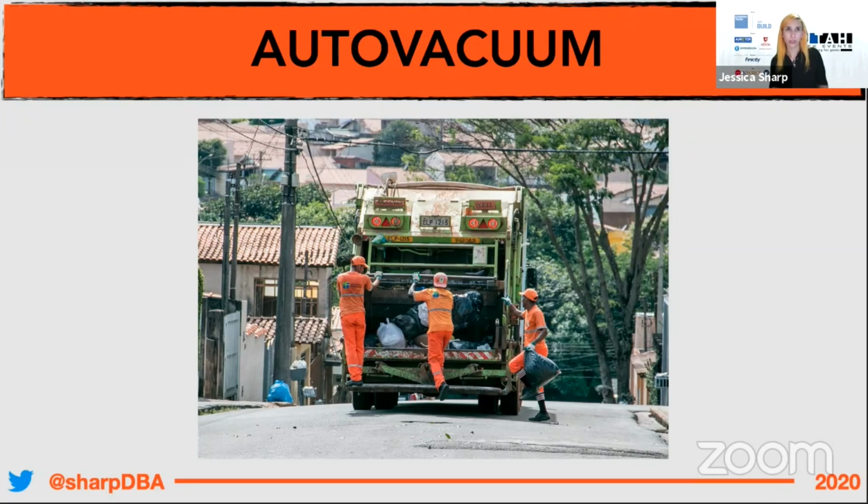So auto vacuum is kind of like the garbage service. You put your trash out once a week and they come and take it. Ironically, I don't actually have garbage service. I have to walk mine down to a dumpster. So in my personal life, going with that analogy, I don't have an auto vacuum, I have a vacuum.